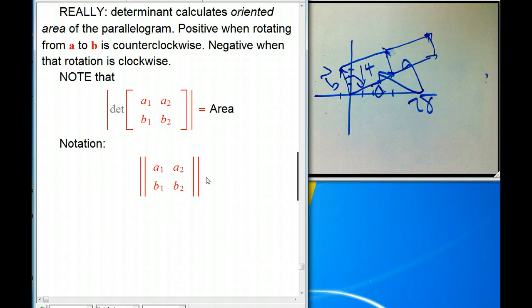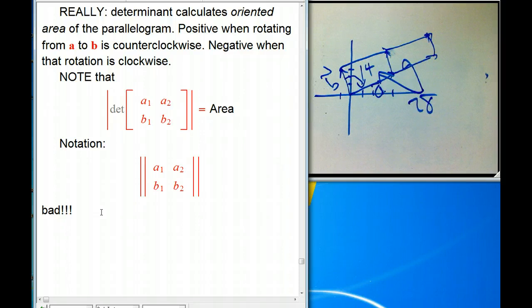Okay, this is just bad. And that's why I tend to use the det notation, because it avoids confusion with absolute values. Okay, and there will be cases where we don't use the absolute values. There will be cases when we do, and it can be a little weird.